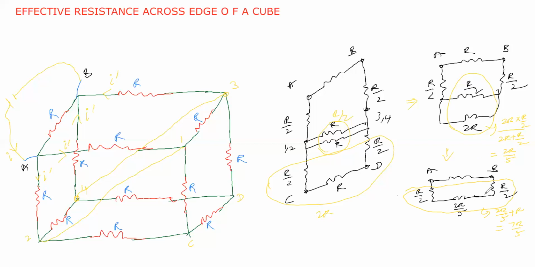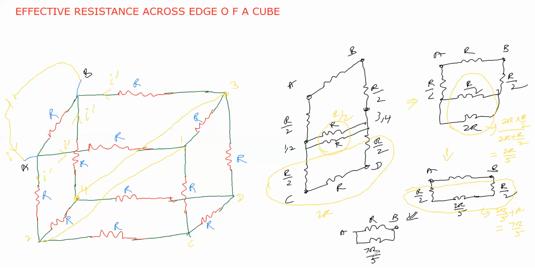Now again simplifying this diagram, we can redraw it: this is A and B, this is the R. Now these complete resistances together are 7R by 5. Now these two resistances are in parallel.